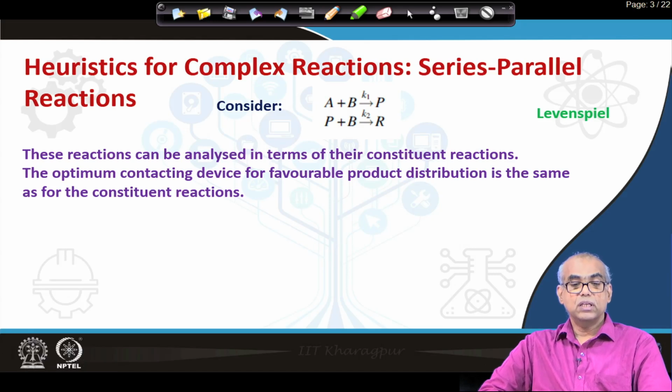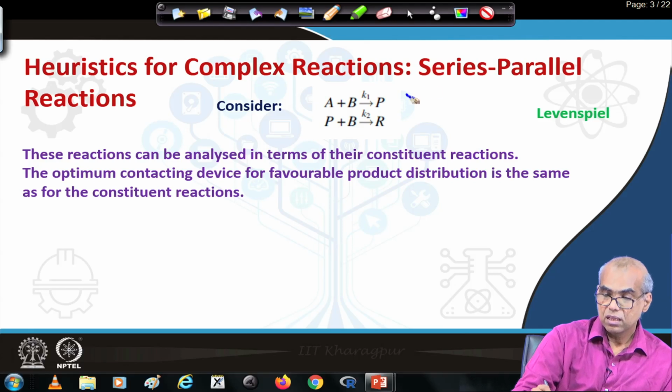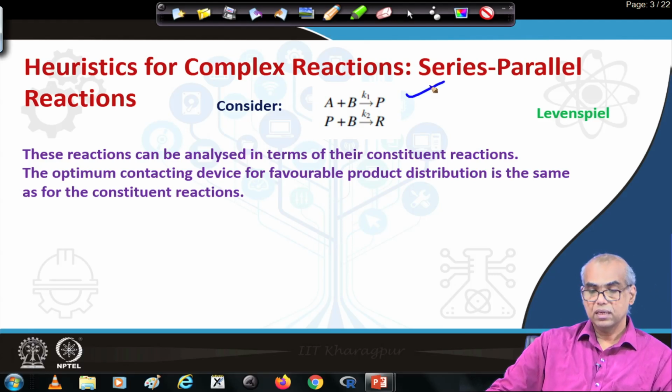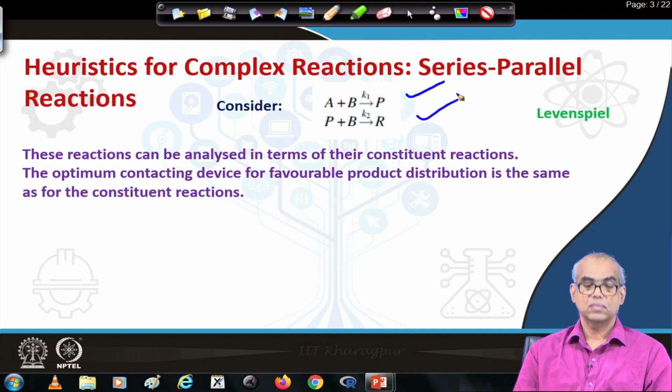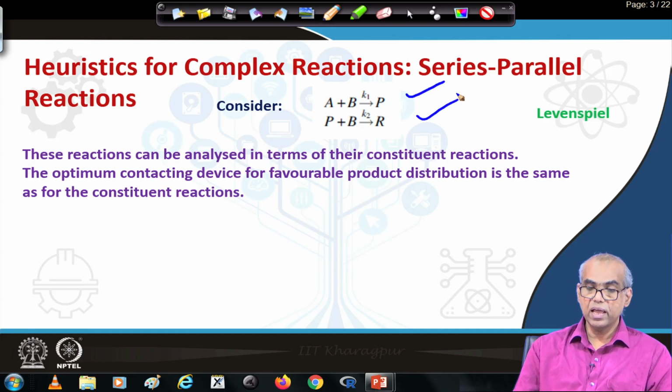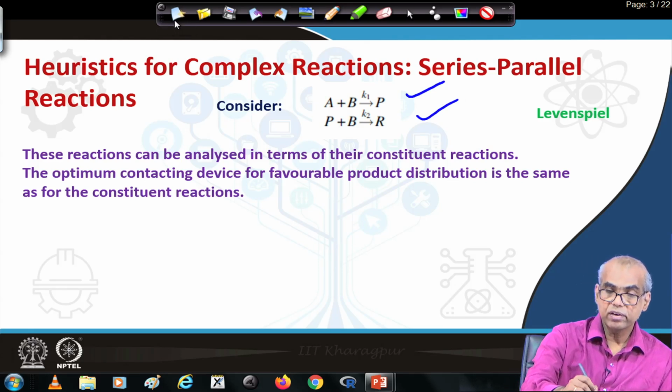Next, heuristics for complex reactions, series parallel reactions. So, we consider reactions such as A plus B to P and P plus B to R. These reactions can be analyzed in terms of their constituent reactions. The optimum contacting device for favorable product distribution is the same as for the constituent reactions.